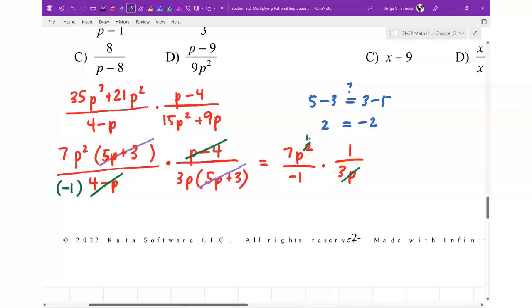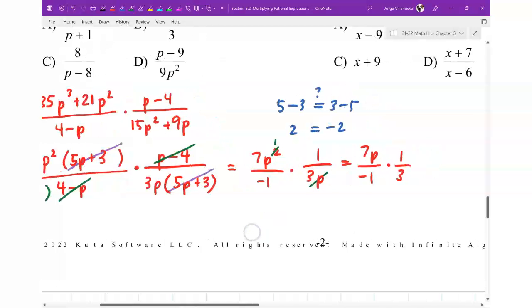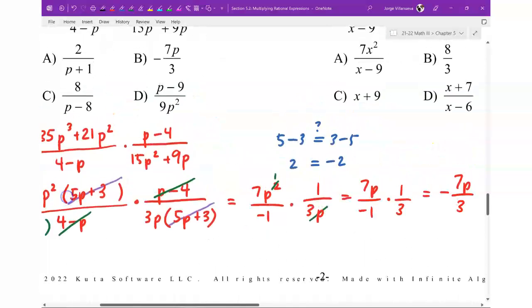Because the p on top has 2 of them, and on the bottom there's only 1. So if you get rid of 1 each, then you're still left with 1 on top. So we're pretty much done here. 7p over negative 1 times 1 over 3. That gives me negative 7p over 3, which is right there.